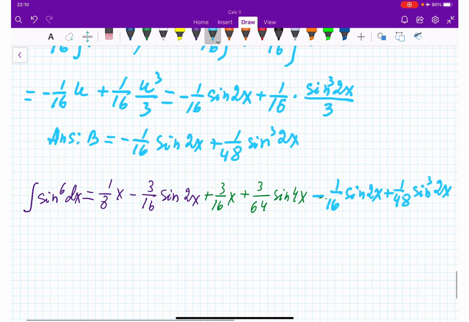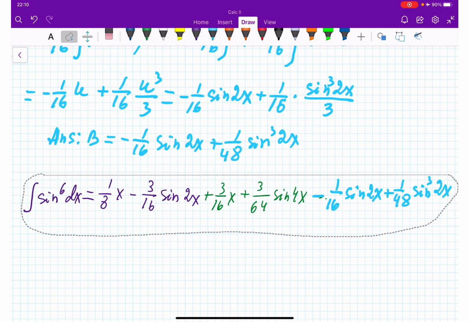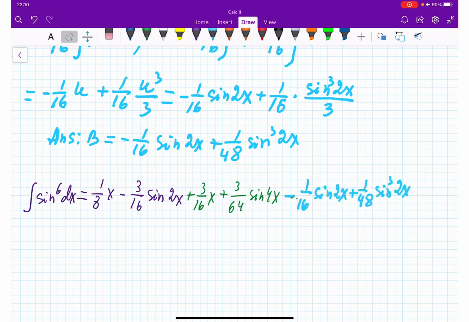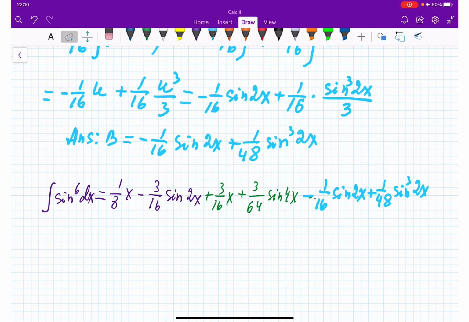Okay, let me make it more compact so it will fit in one page. There we go. So let's see what we can combine. 1 over 8x, 3 over 16x. Anything else? Yes, negative 3 over 16 sine 2x, negative 1 over 16 sine 2x.